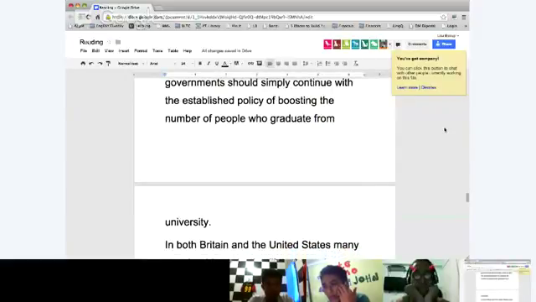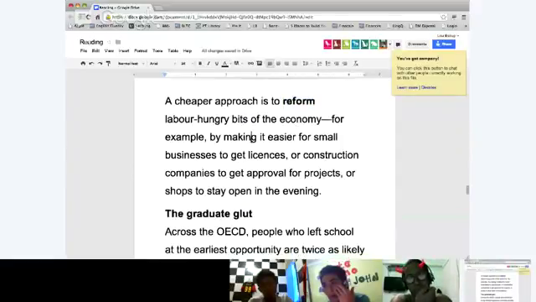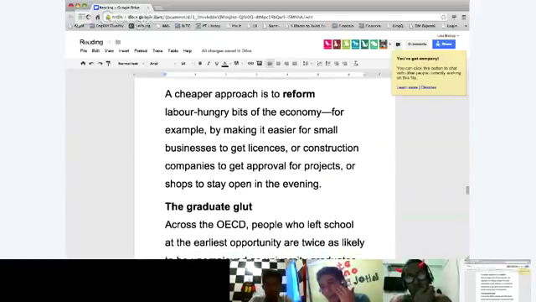Yeah. So one way to help reform, which means to change it for the better, is to help smaller businesses. A lot of times there's a lot of people in countries who want to create a business, but it costs so much money for them to get a license or to pay taxes or something. It's hard for them to start a small business.